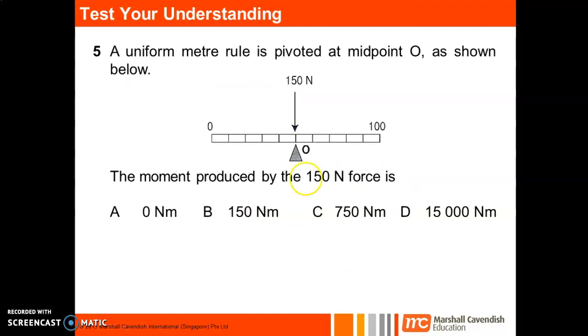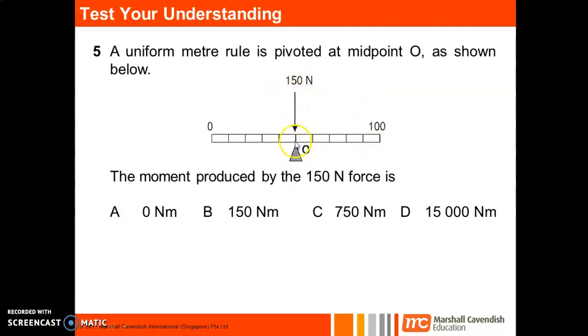Question 5. A uniform meter rule is pivoted at midpoint O as shown below. The moment produced by the 150 Newton force is... This question may seem easy, but it's actually not that simple. Moment equals force times perpendicular distance. Where is my pivot? Pivot is here, right? So moment equals force, which is 150 newtons, times perpendicular distance from the force to the pivot.